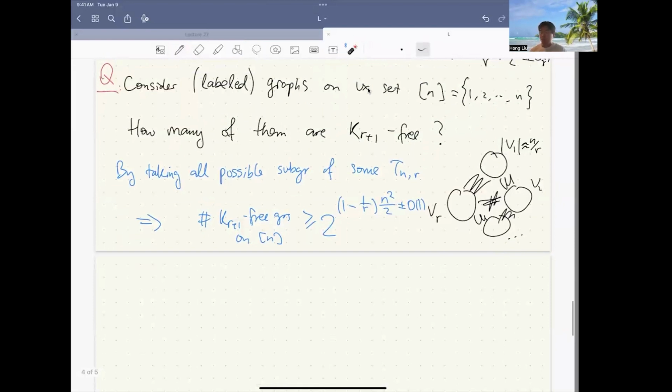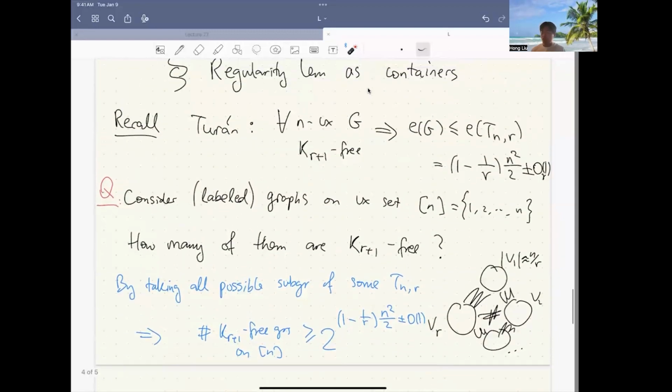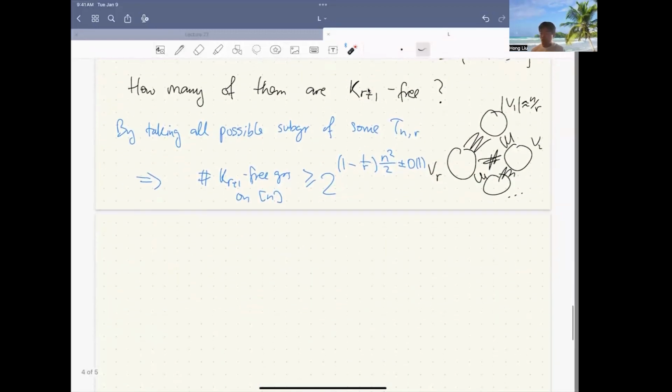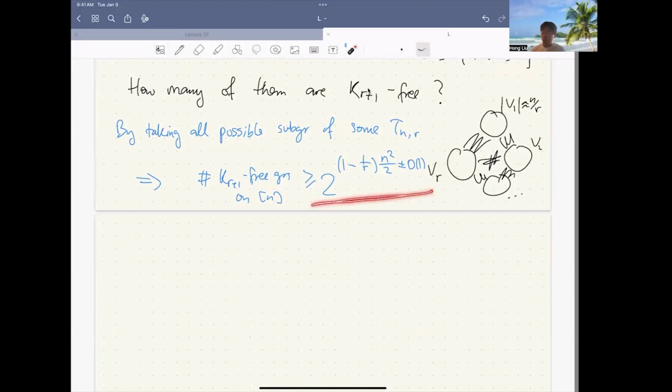Now the question is, how tight is this lower bound? This is what we want to prove using the regularity lemma. We want to show that this is fairly tight. You cannot improve this constant at all.